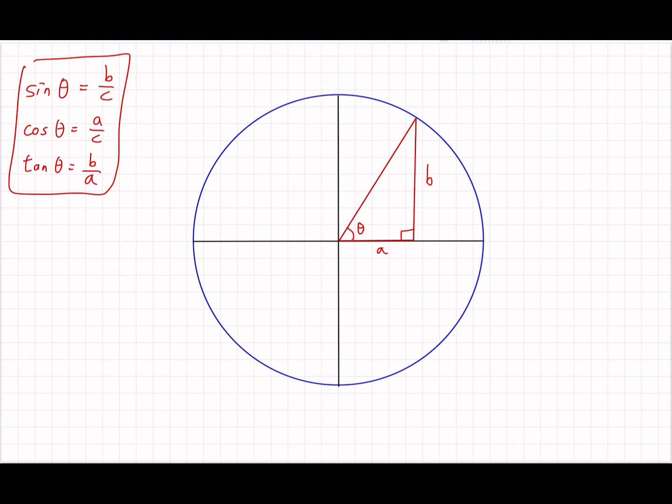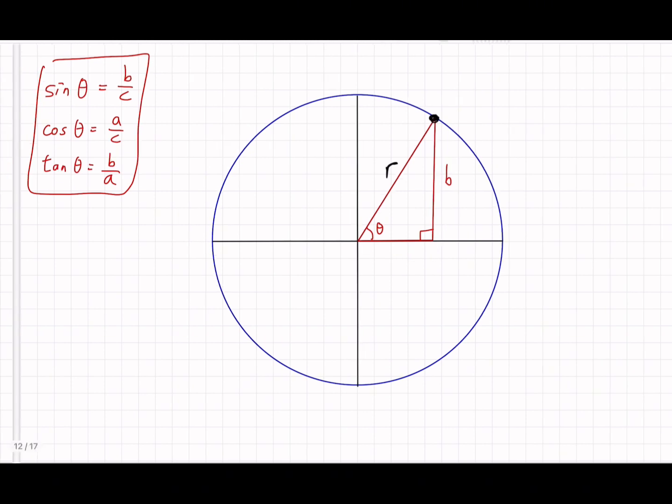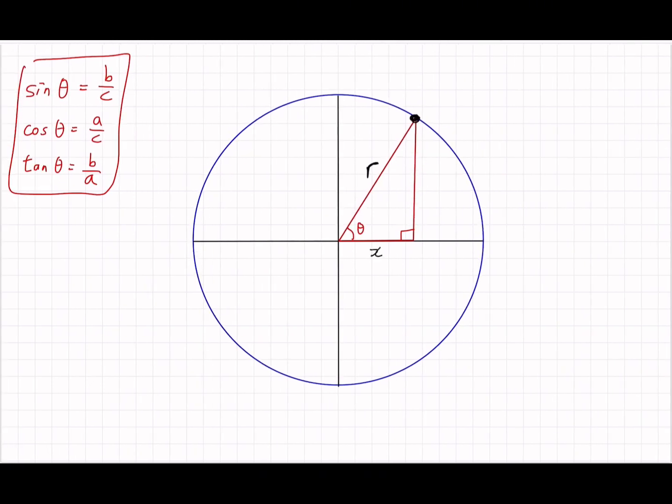Because there's a circle in the picture, I'll change the radius to R. And since this point has coordinates A, B, I'm going to change A and B to X and Y, so this point can be set as X, Y. Because we've changed these variables, these can also change. Sine theta equals Y over R. Cosine theta equals X over R. And tangent theta equals Y over X.